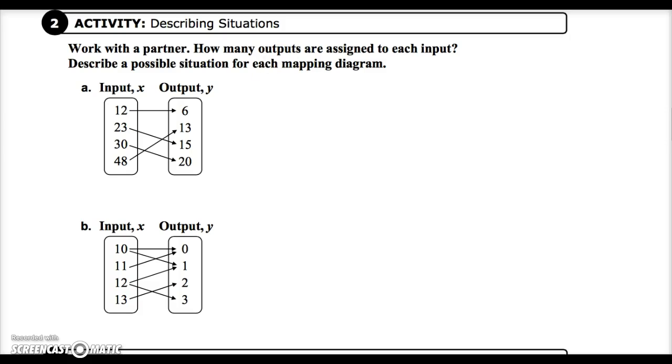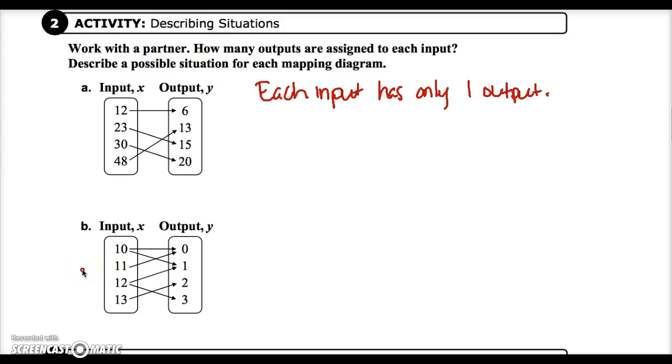So if you look at part A, it says we have 4 inputs, 12, 23, 30, and 48. 12 goes with 6, 23 goes with 15, 30 goes with 20, 48 goes with 13. So on this one, each input has only one output. Each one is just assigned one output.